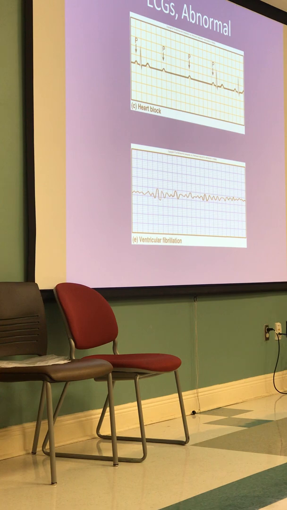If you have a whole bunch of P waves and no QRS, it usually means our SA node is firing like crazy, and is probably stretched because of heart failure or some dysfunction of the SA node, and you have, of course, atrial fibrillation. Remember, in atrial fibrillation, you have no atrial kick. I can't say that enough.